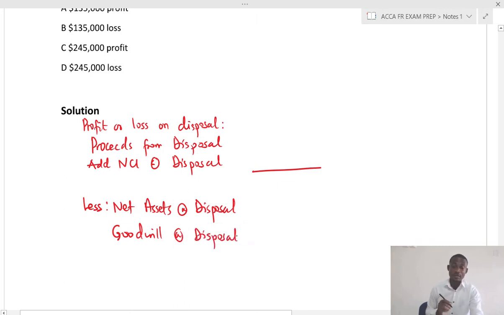So the profit or loss on the disposal, which you recognize in the consolidated financial statement, this is how we find it. So let's go through the details to see how we can identify or calculate these items.